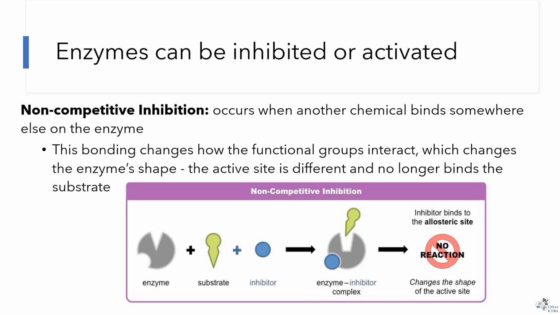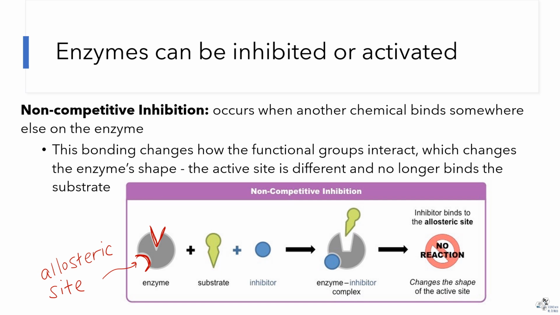Non-competitive inhibition is when the inhibitor binds to somewhere else on the enzyme, not the active site. So in this case here, the active site is this V shape on the enzyme, and this other site is this half moon shape. We call that an allosteric site. Basically just means the other place.